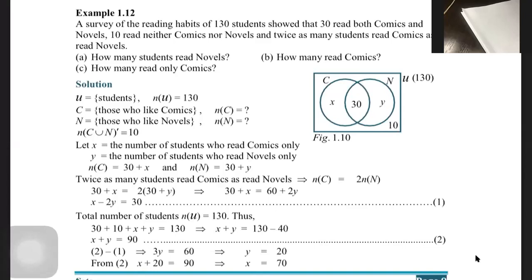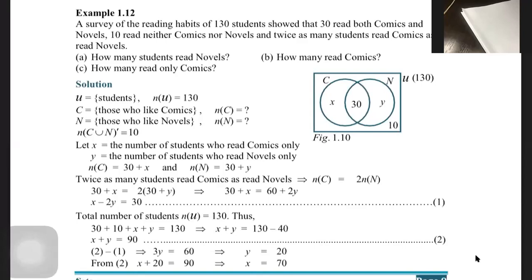So here, the only option is to represent comics only and novel only by different variables. So let X be equal to the number of students who read comics only, and let Y be the number of students who read novels only. Once you have this only and that only replaced, your Venn diagram is full.